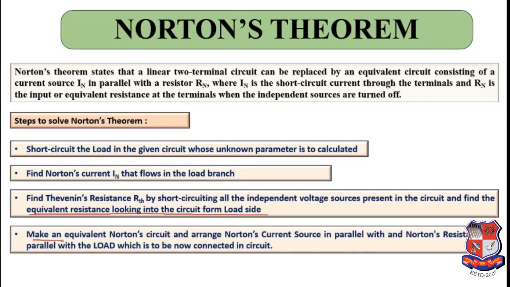Finally, make an equivalent Norton's circuit, arranging Norton's current source in parallel with Norton's resistance, and that will be in parallel with the load which is now connected in the circuit.